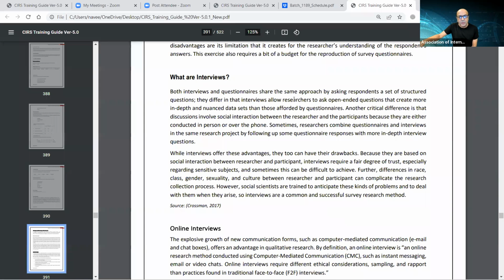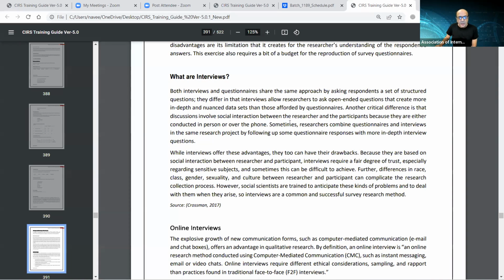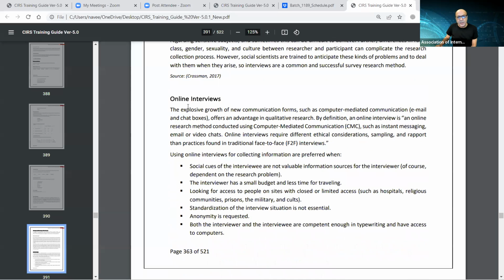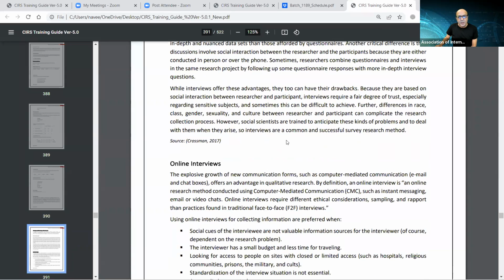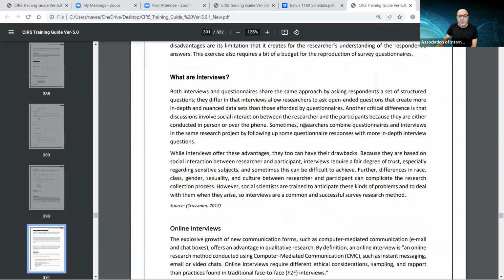When we talk about traditional interviews, it is just giving you a short form of what interviews are about. But more importantly, we are interested in online interviews, which have exactly the same formats or the same idea of why interviews are done.